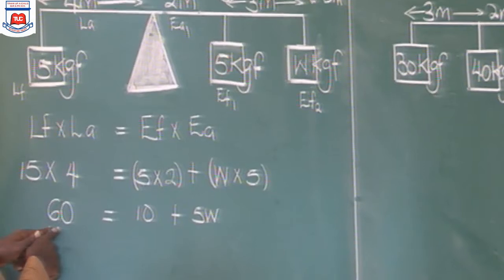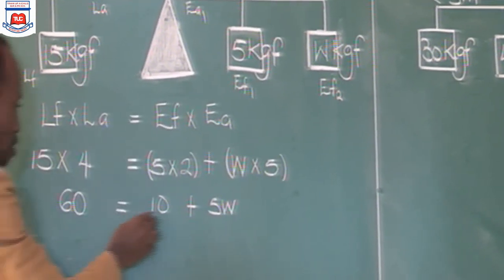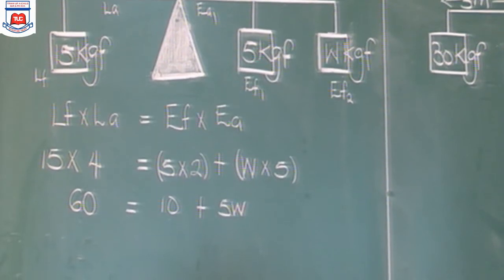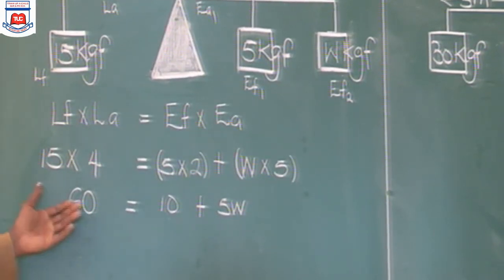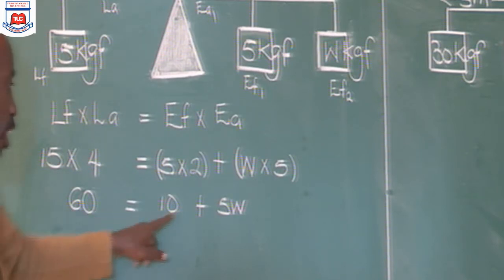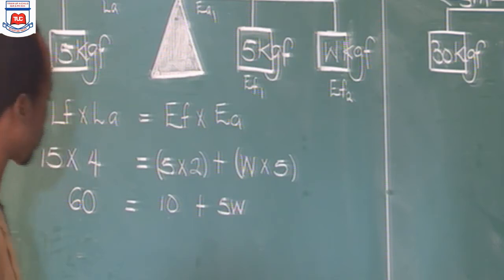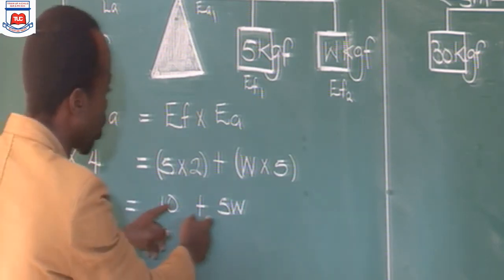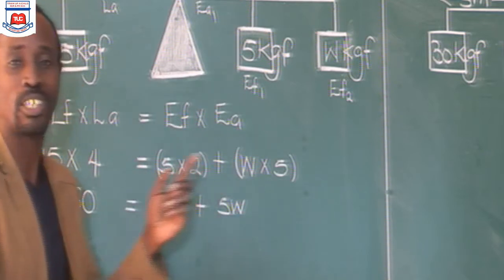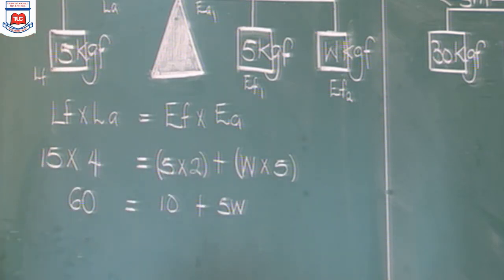All right. 60, in this case, our next step is to subtract 10 from both sides. And by doing that, we shall have collected like terms. Don't just make the 10 cross this side. Please subtract. Show it, okay? You can rearrange this. In case you don't have negatives, it is easy to rearrange, okay? But I'll leave it like that.